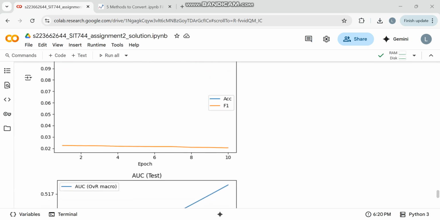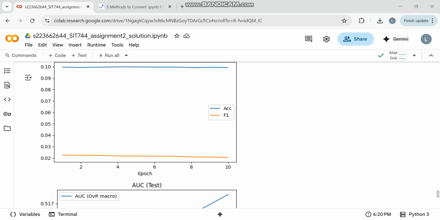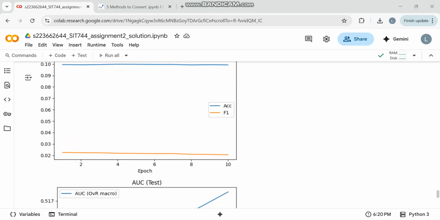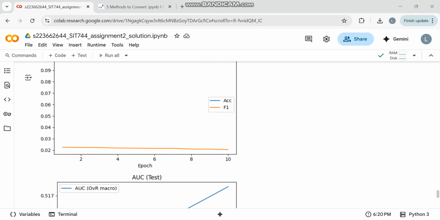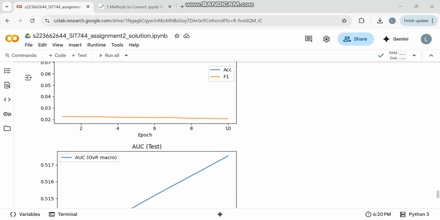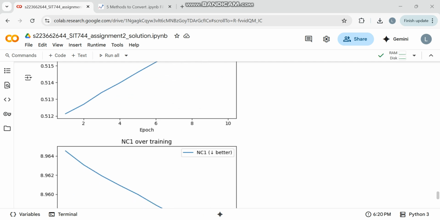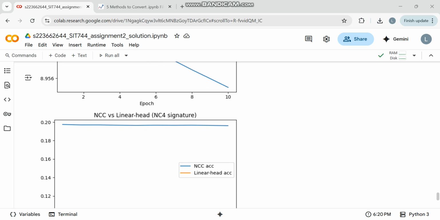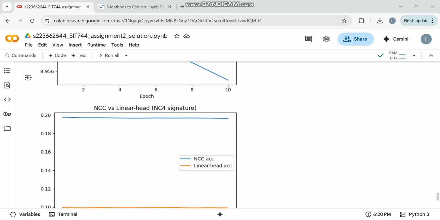Secondly, NC1 decreases steadily, evidence of within-class variance collapse. Third, the NCC accuracy converges to the linear head, a hallmark of neural collapse. Together, these show that flat minima training and mixup not only generalize well but also accelerate and stabilize collapse relative to plain SGD.